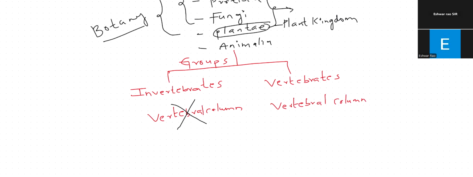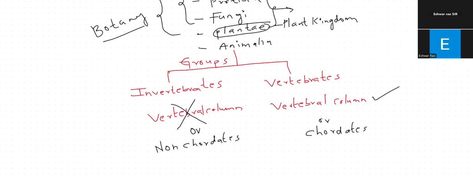Can you tell other name of invertebrates and vertebrates? Yes. For invertebrates, it is called non-chordates. Whereas for vertebrates, it is called chordates. It is based on presence and absence of notochord. That we'll see in our next classes.